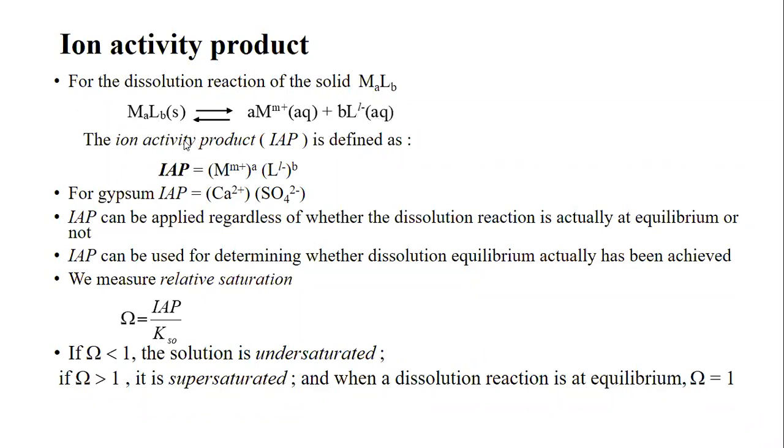The ion activity product, IAP, is defined as the activity of M with charge m plus, raised to the power a, its stoichiometric coefficient, multiplied by the activity of L, with the charge l minus, raised to the power b, which is its stoichiometric value.